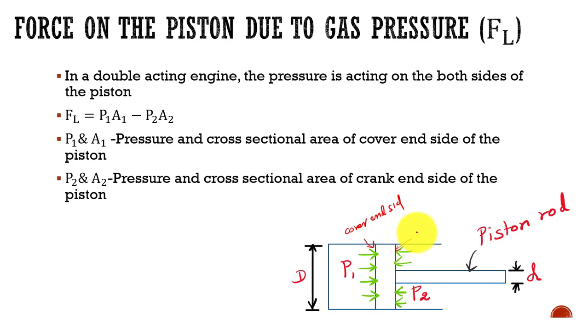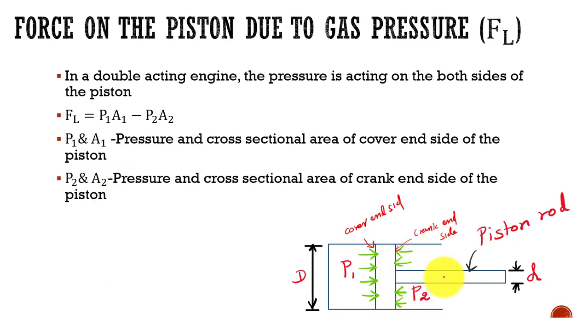So this is P1, and the cross sectional area of this side is A1, and on the crank end side the pressure is P2 and the cross sectional area is A2.